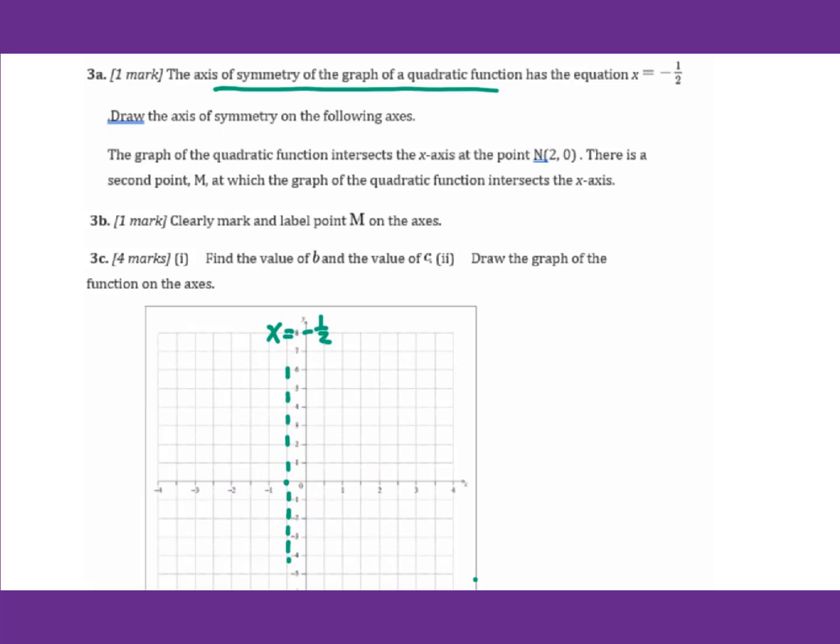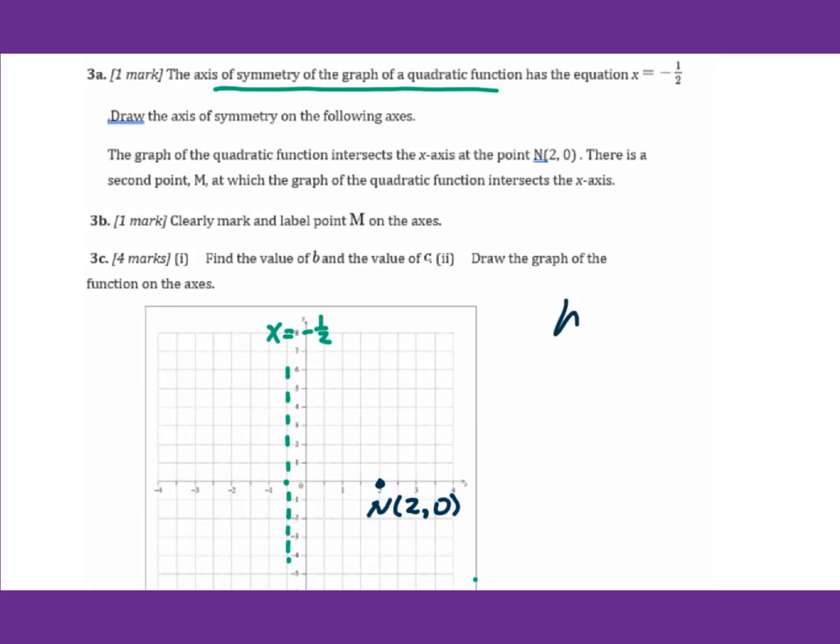The graph of the quadratic function intersects the x-axis at a point N (2, 0). We label it N (2, 0). There is a second point M at which the graph intersects the x-axis. Clearly mark and label point M on the axes.